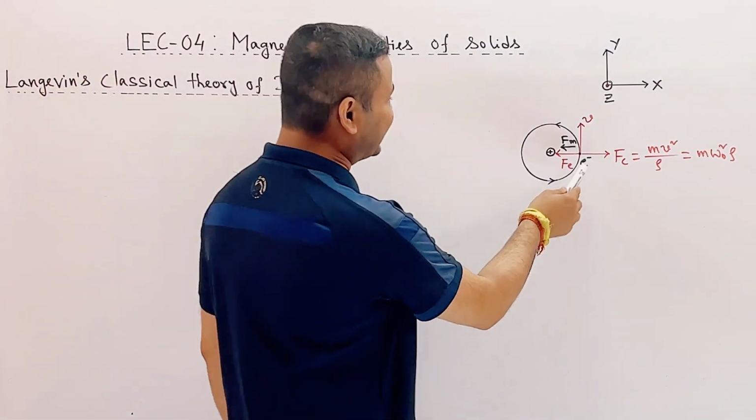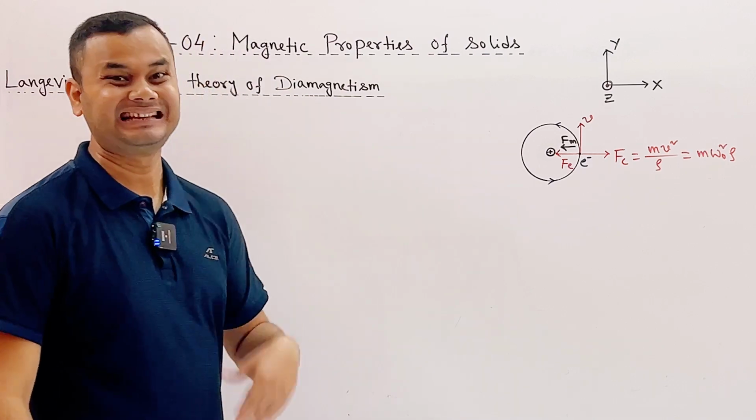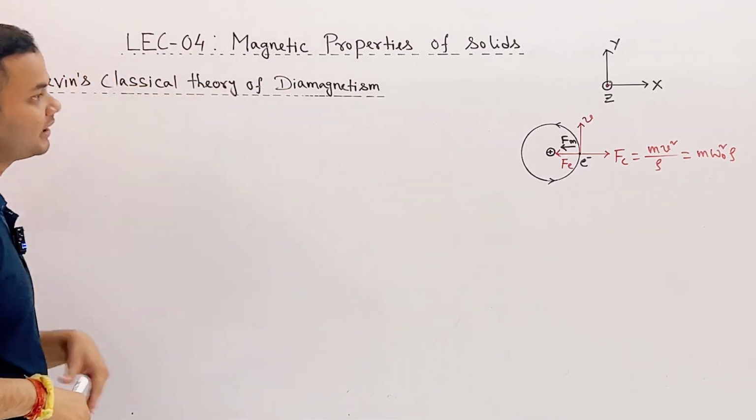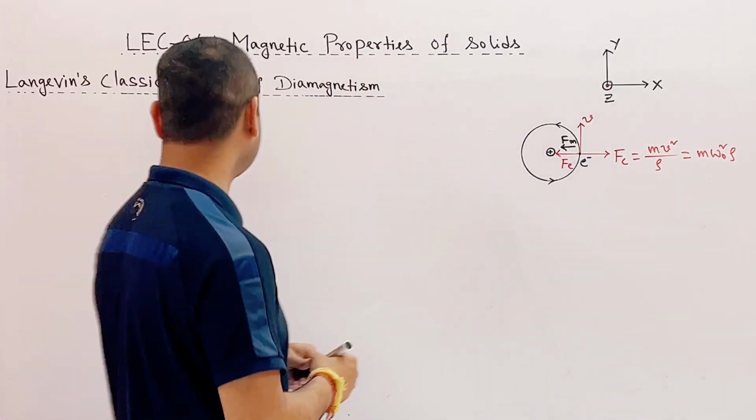Students, due to change in angular frequency of this electron, an additional current will be developed and we are going to calculate this value.